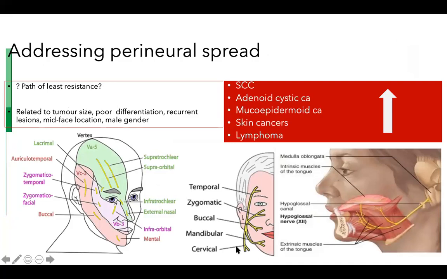The tumor cells can travel through the neural pathway or adjacent to the perineurium, and so we need to be aware of the mandibular branch, the maxillary branch, the various branches of these two cranial nerves, and their pathway.